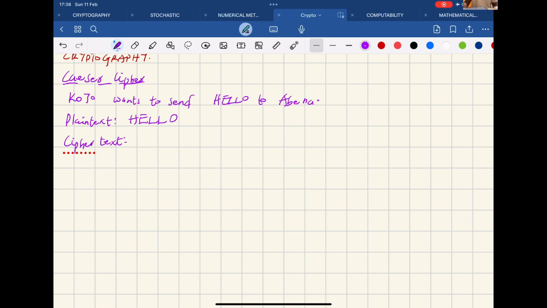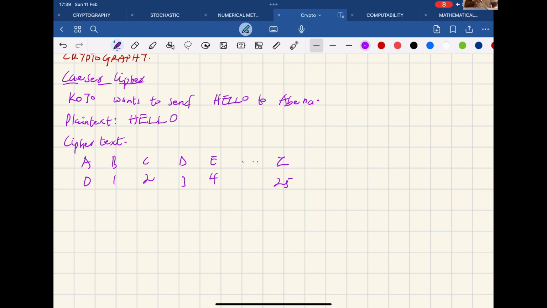So for instance, using the English alphabet, we have 26 letters, right? So we have 25 different sets of transformations. That is, when we consider the English alphabet from A to Z, A is 0, B is 1, C is 2, D is 3, E is 4, all up to Z, which is 25.